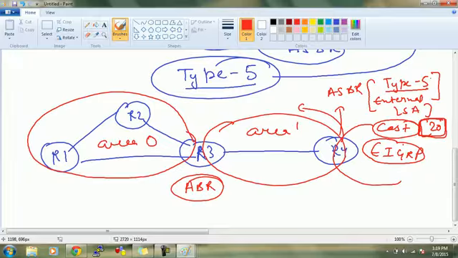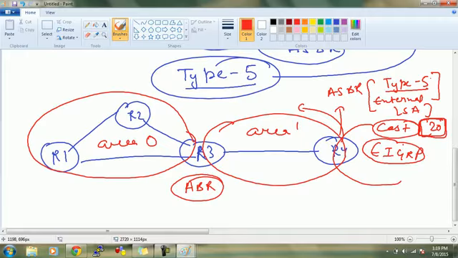Any issues? So 5 types of LSAs are clear. First, router LSA. Second, third, fourth, fifth, external LSA. Every router which belongs to a single area will generate type 1 LSA. Agree? On a multi-access segment, there will be type 2 LSA.